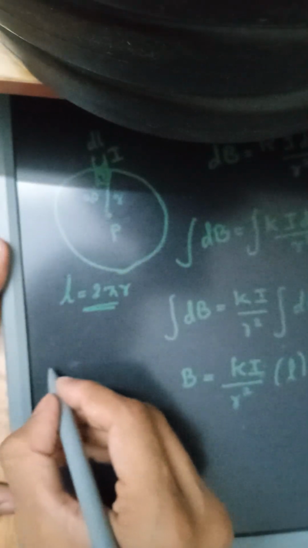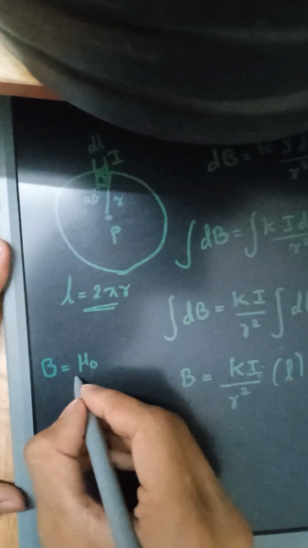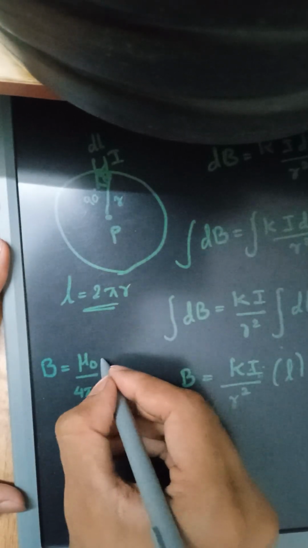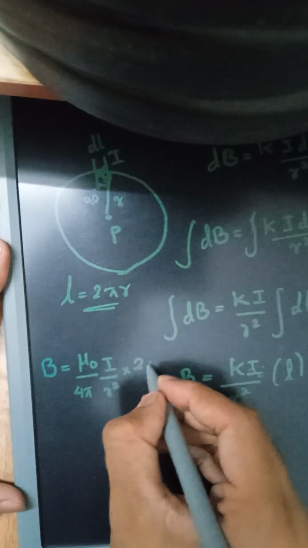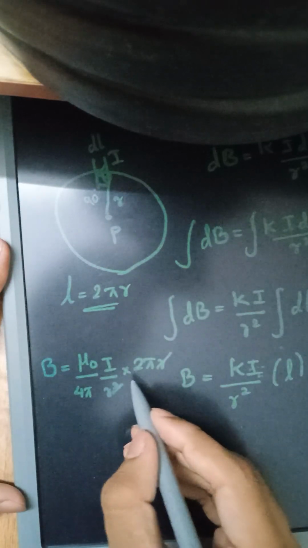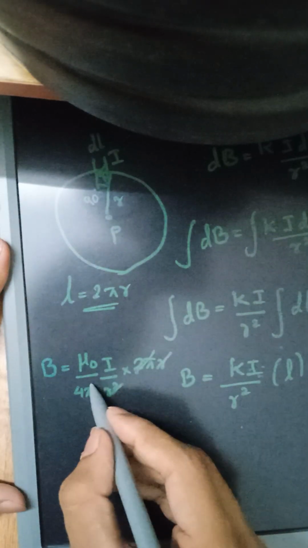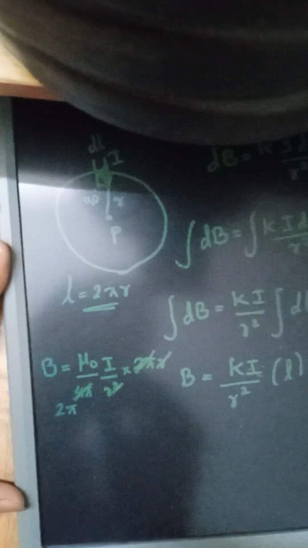So I will be writing here B equal to mu naught by 4 pi I by r square into 2 pi r. So this r and r square will be getting cancelled. So this 2 pi and 4 pi will be getting cancelled. So we have 2 pi in the denominator.